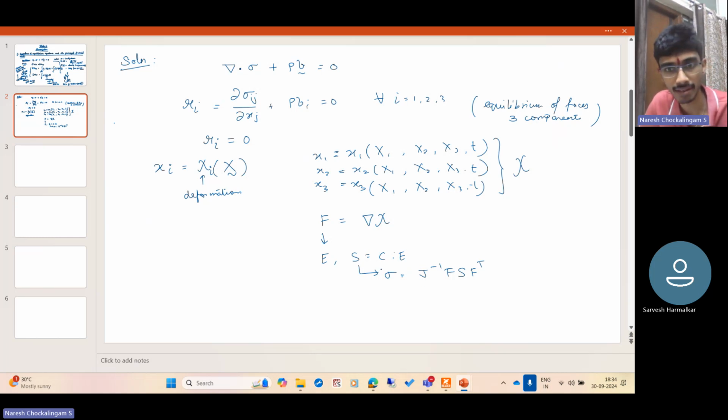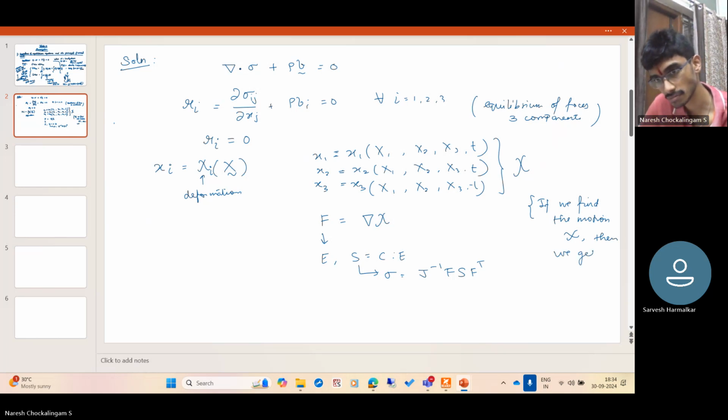So this is fine. What this means is, if we find the deformation or motion, then we get everything.